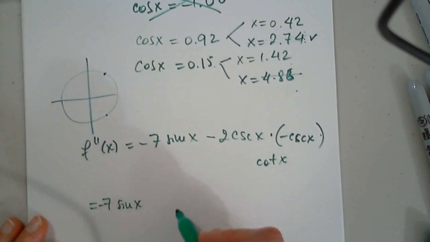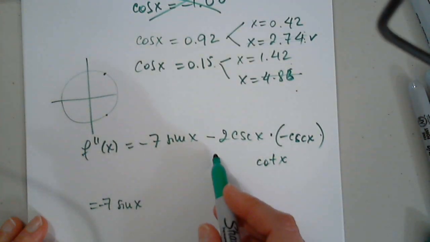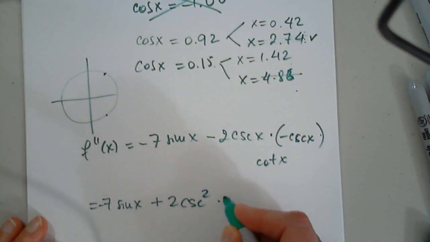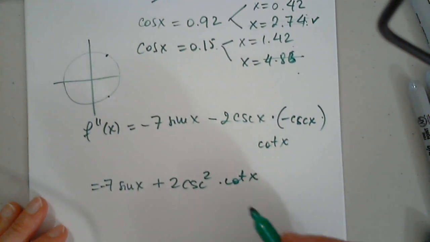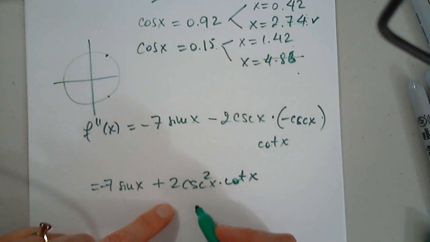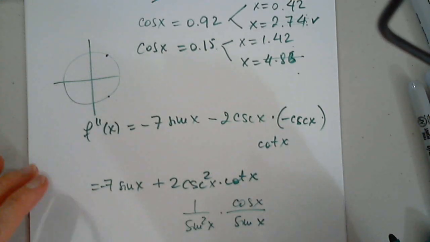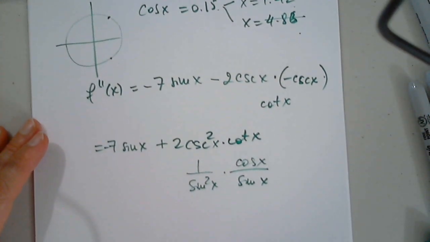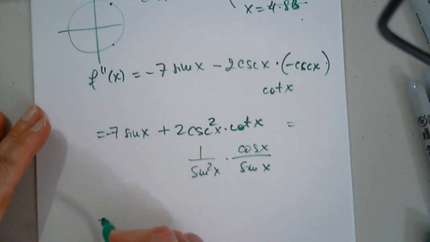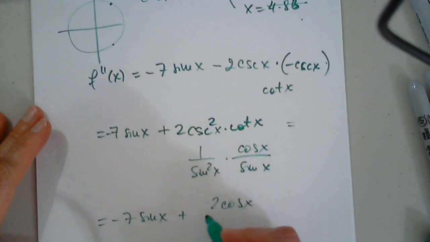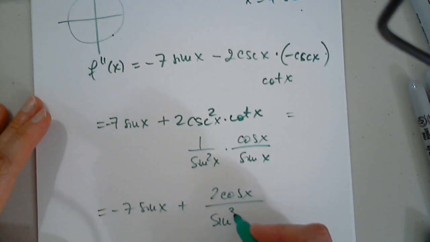Negative 7 sine x, positive 2 cosecant squared cotangent x. So cosecant is 1 over sine squared. Cotangent is cosine over sine. Okay, wow. So this is negative 7 sine x plus 2 cosine x over sine cubed x.